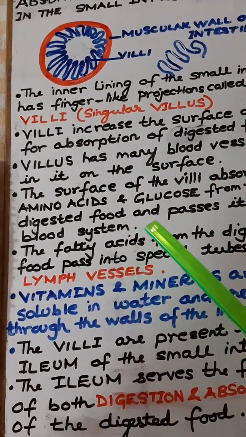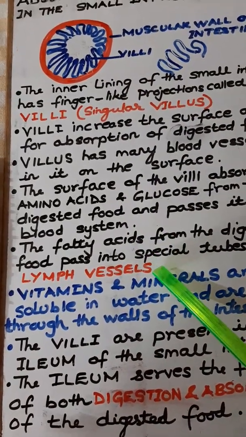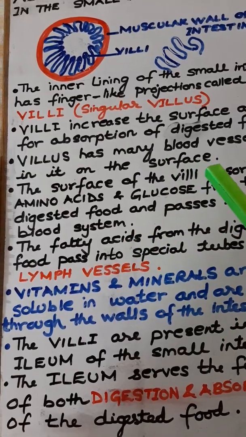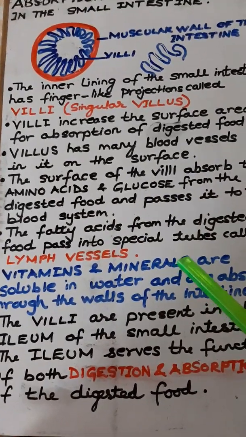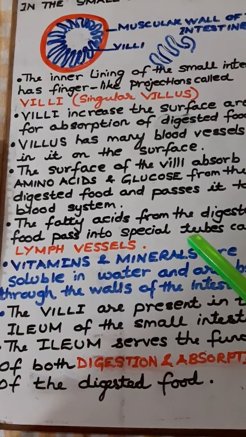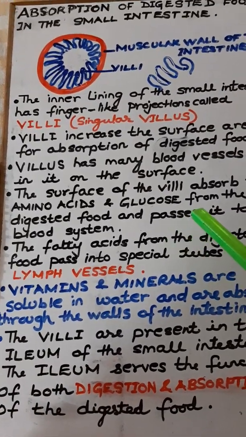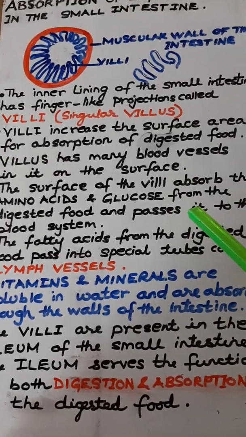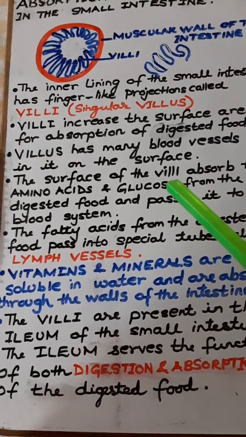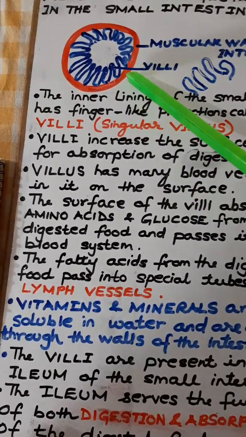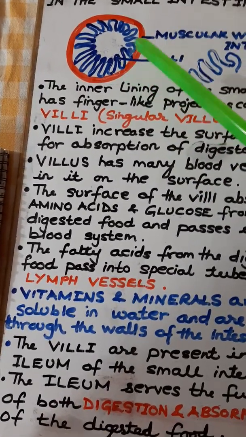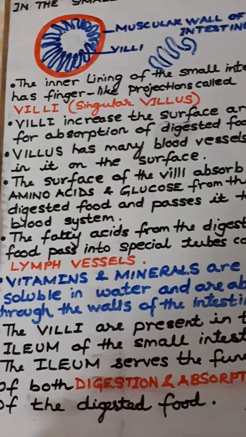These are called the lymph vessels. So the lymph vessels take the fatty acids. Now, in food there are minerals and vitamins also. But minerals and vitamins are soluble in water, and they can easily be absorbed by the walls of the intestine only.